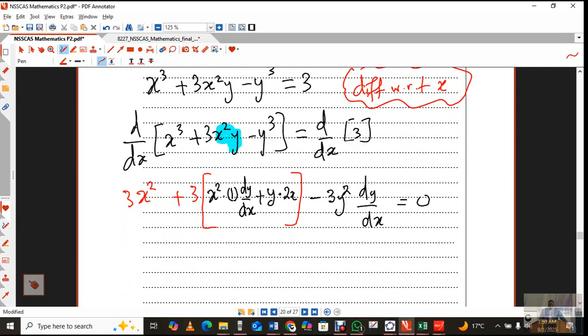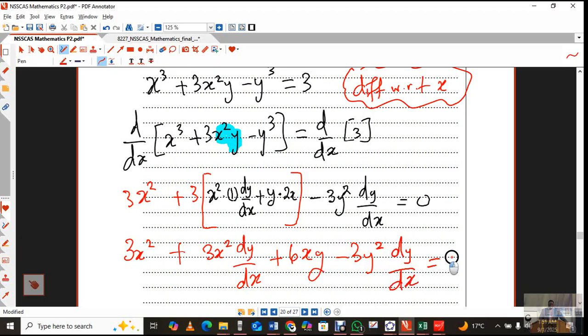Right, let's just clean this up a bit. So that's 3x squared plus 3x squared dy dx plus 6, that is 3 times 2, 6xy, minus 3y squared dy dx is equal to 0.